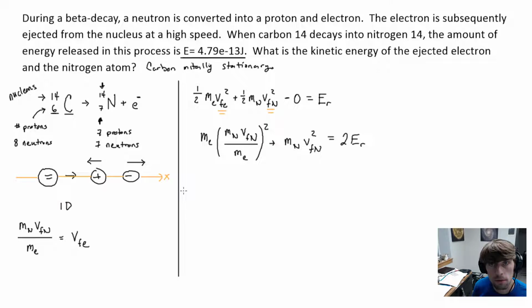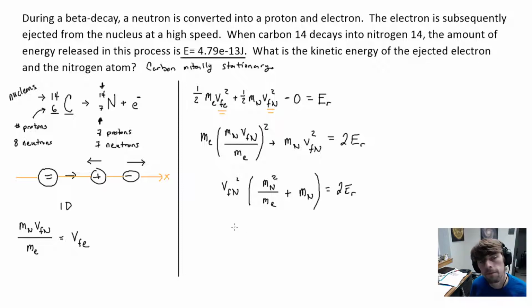All right, I'm going to pull the final speed out. Final speed of the nitrogen squared times the quantity mass of the nitrogen squared divided by mass of the electron plus mass of the nitrogen equals 2ER. Cool.